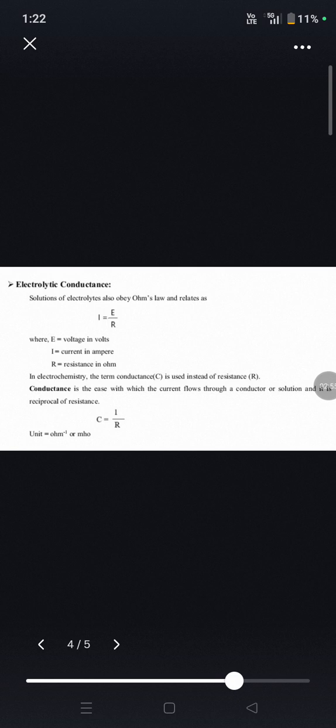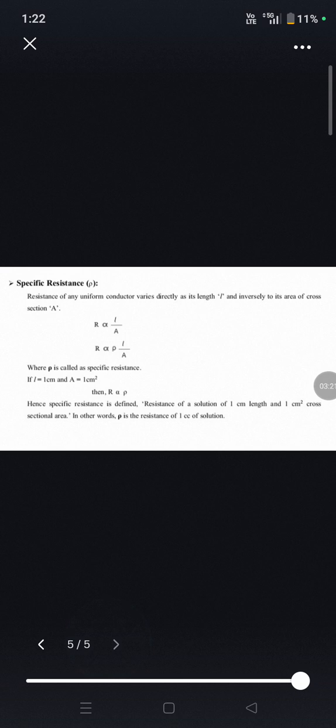In electrochemistry, the term conductance is used instead of resistance R. Conductance is the ease with which current flows through a conductor or solution, and it is the reciprocal of resistance. C is equal to 1 by R. Unit is ohm inverse or mho.